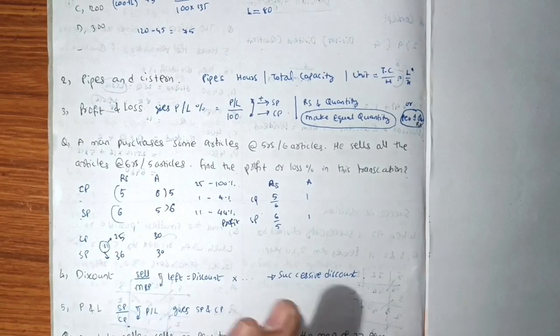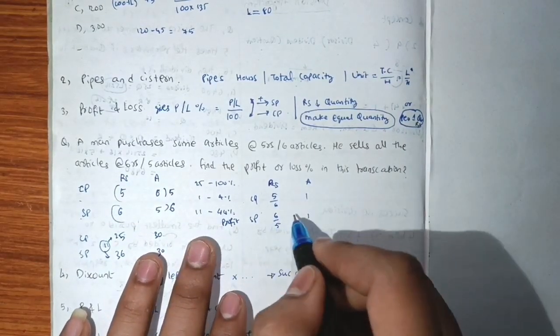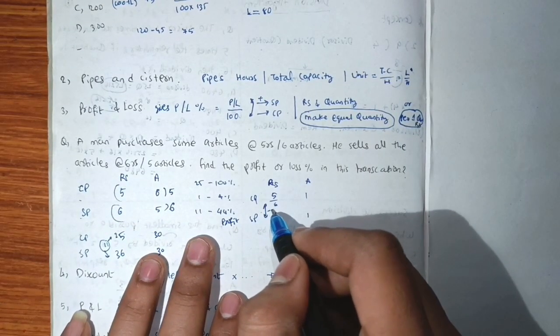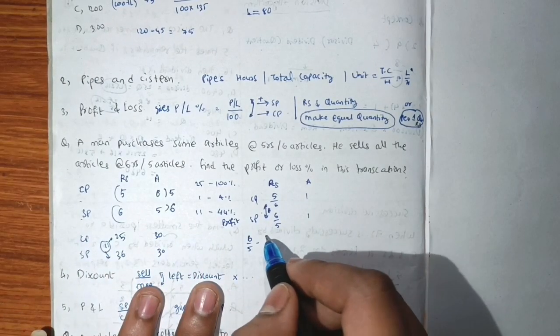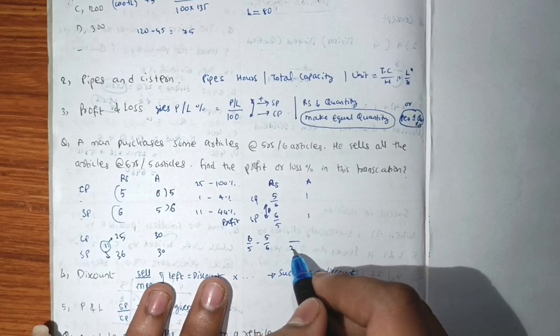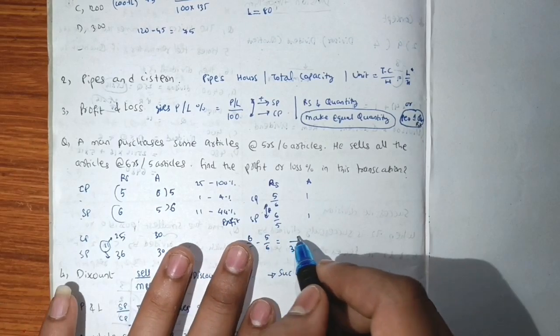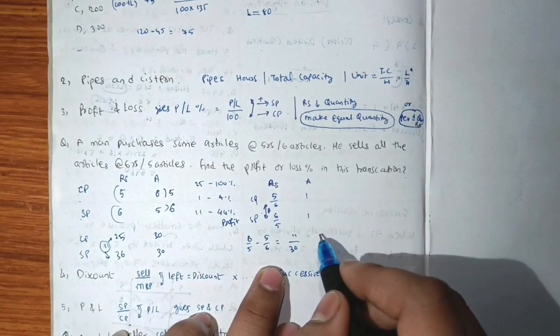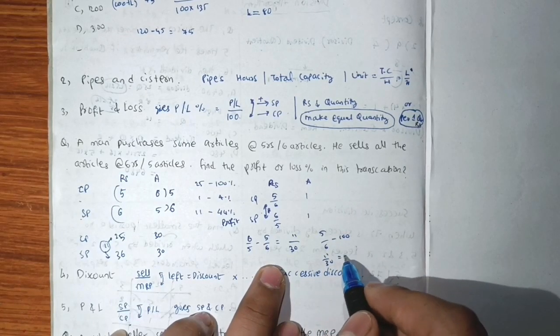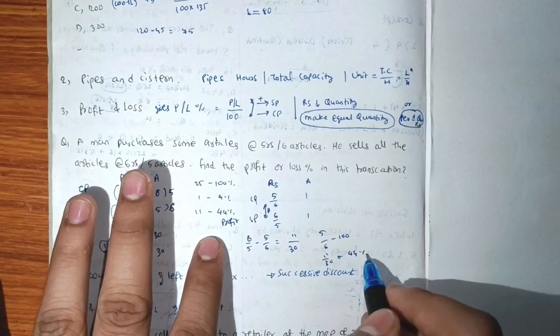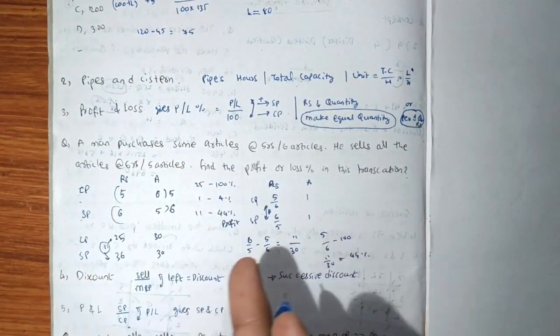Now the difference of these will be the profit. So 6 by 5 minus 5 by 6, here you will get 30 and here you will get 11. If 5 by 6 is 100%, then for 11 by 30 it is 44%. So this is the simplification of this question.